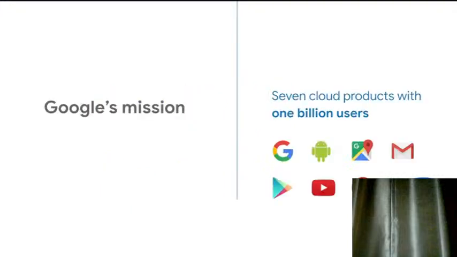Each of these products has over 1 billion monthly users. Google has had to develop the infrastructure to ingest, manage, and serve all the data from these applications, and to do so with a growing user base and data requirements that are constantly evolving.